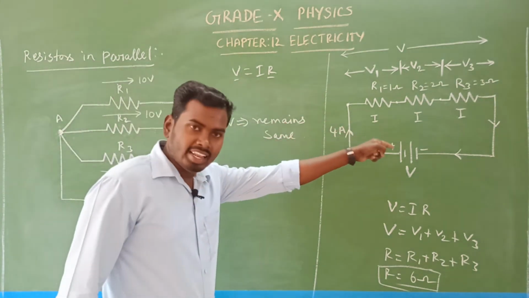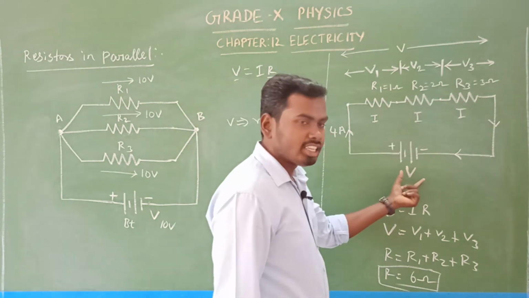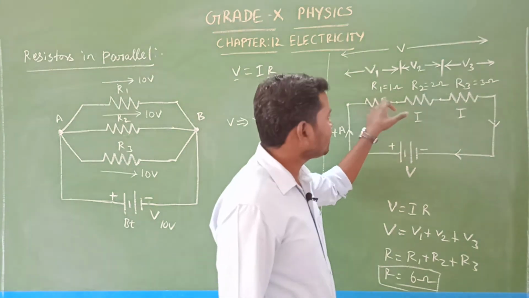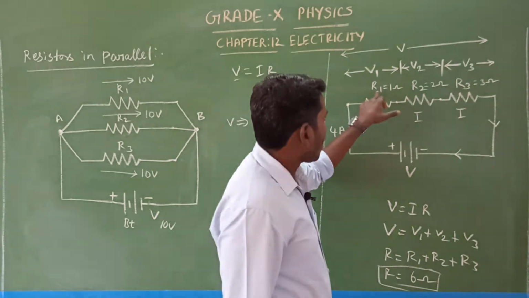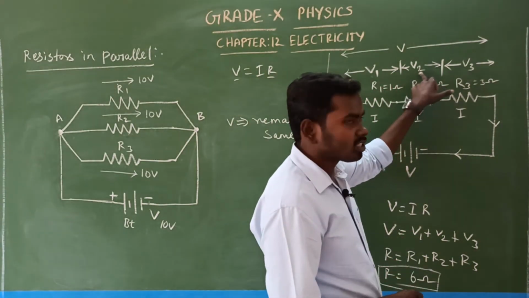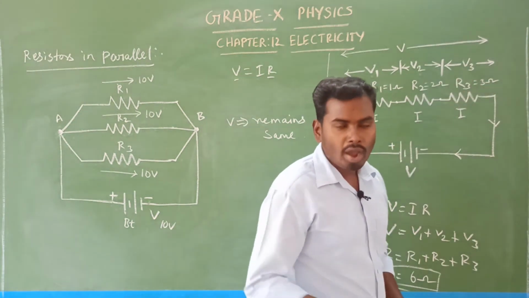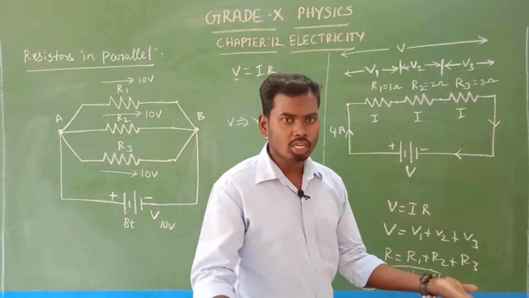But in series combination, voltage gets distributed. Am I right? This main voltage gets distributed across each resistor. Across resistor R1, the potential difference is V1, across resistor R2, V2, and across resistor R3, V3. Why, sir? Why does voltage remain the same in parallel combination, whereas in series combination voltage gets distributed?